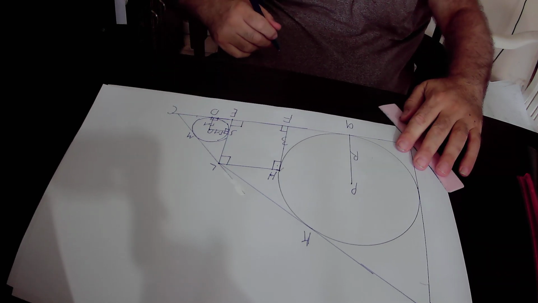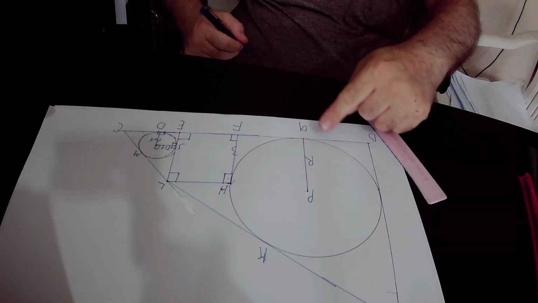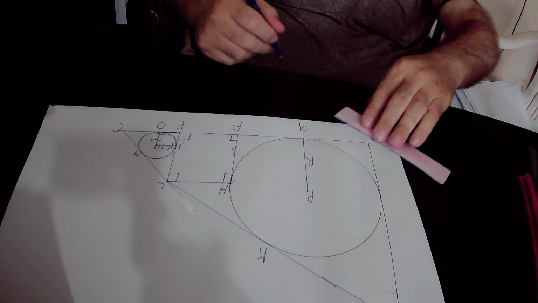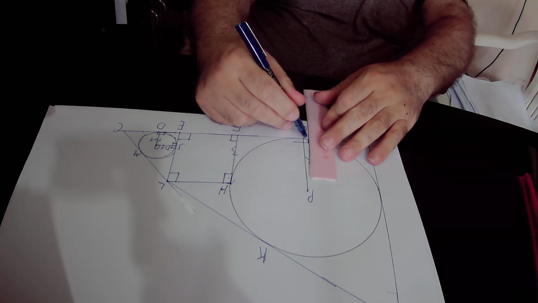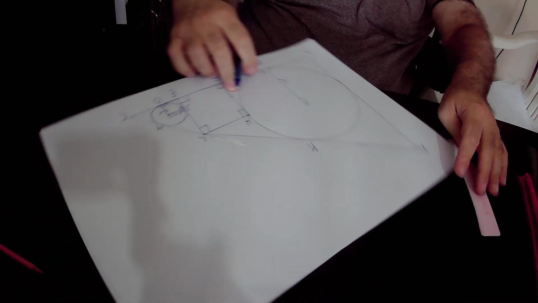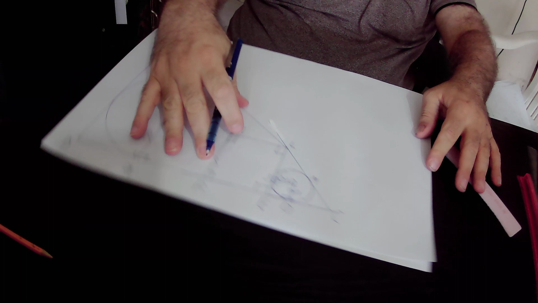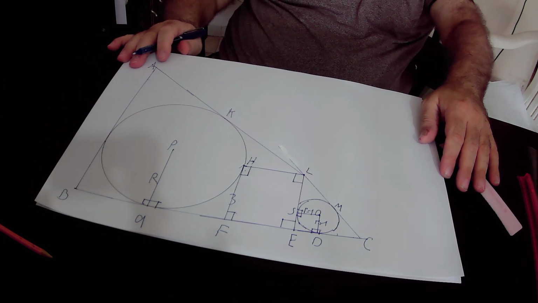And here, according to rule number 1, here we have the radius PQ that is drawn to the point of tendency, therefore this angle will be equal to 90 degrees and this angle will be also equal to 90 degrees.